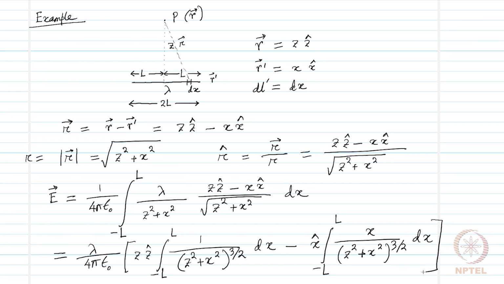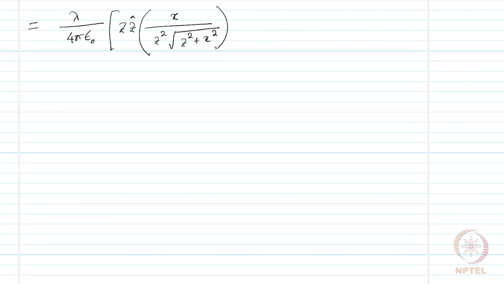We need to evaluate this integral. How do we do that? If we try to evaluate this integral, we will end up getting lambda over 4 pi epsilon naught, z z cap, x over square root of z squared plus x squared, minus L to L, minus x cap, minus 1 over square root of z square plus x square.